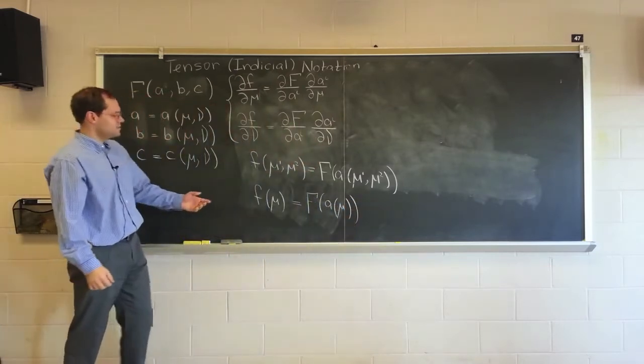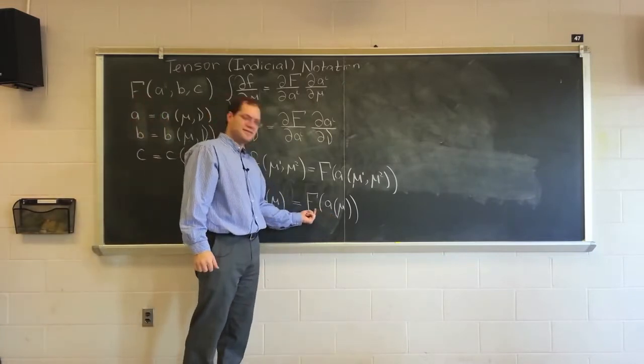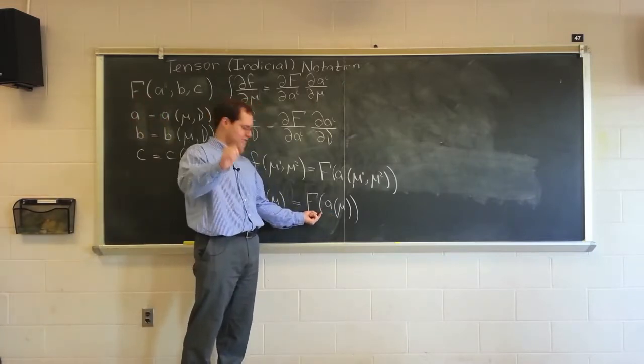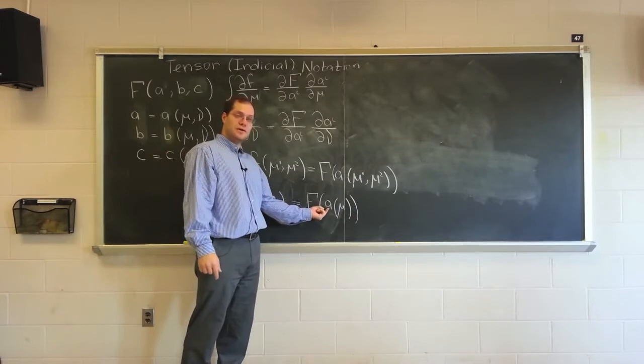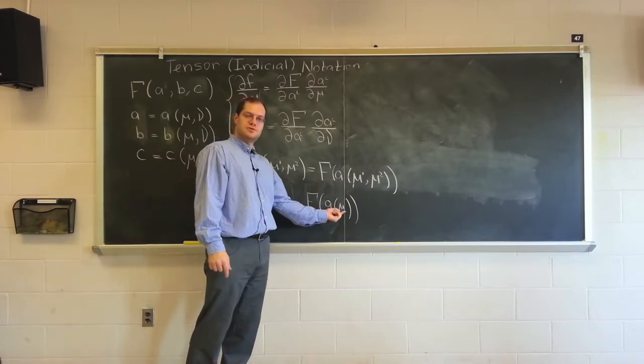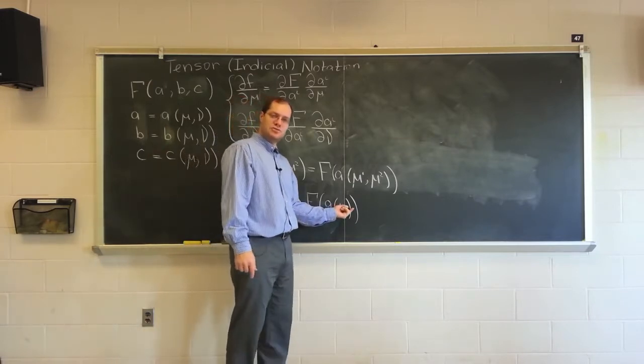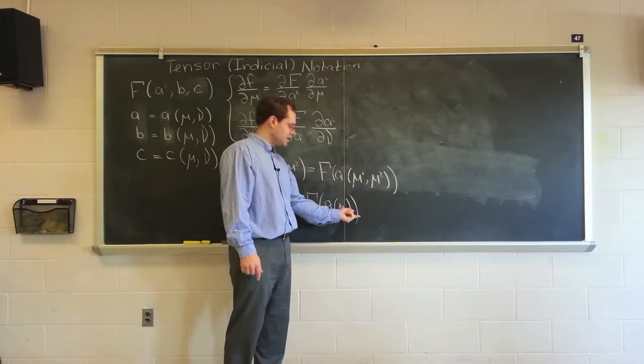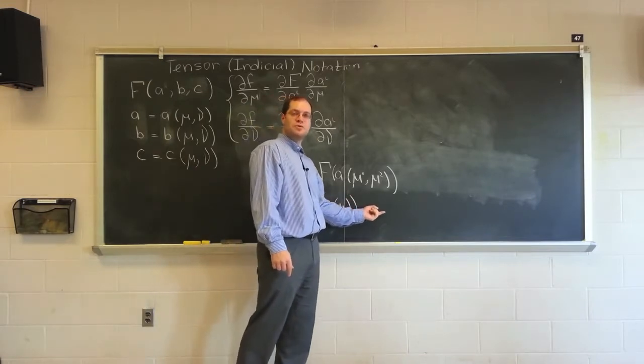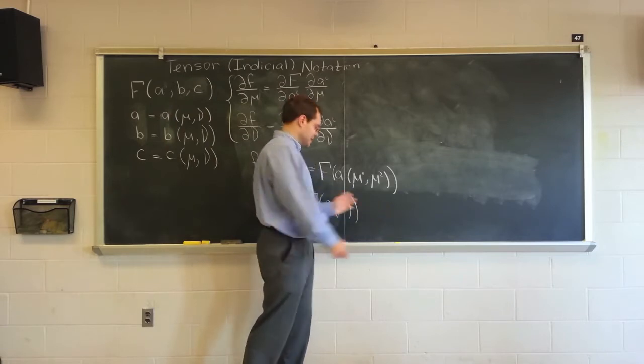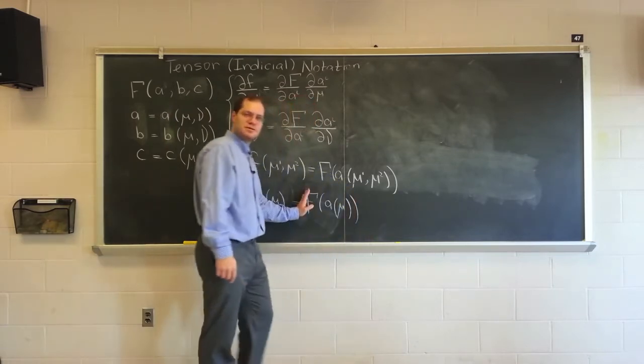So things are becoming very much compressed, because the way this reads is, I'll do it once, F of a1 of mu1, mu2, comma, a2 of mu1, mu2, comma, a3 of mu1, mu2. All of that is compressed into this simple notation.